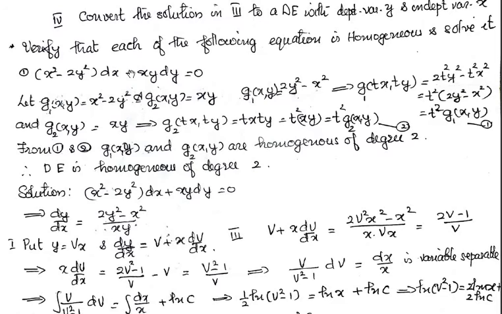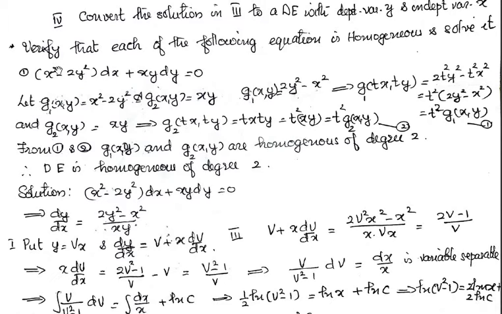Now verify that each of the following equations is homogeneous and solve it. First one: x square minus 2y square into dx plus 2xy dy equal to 0.